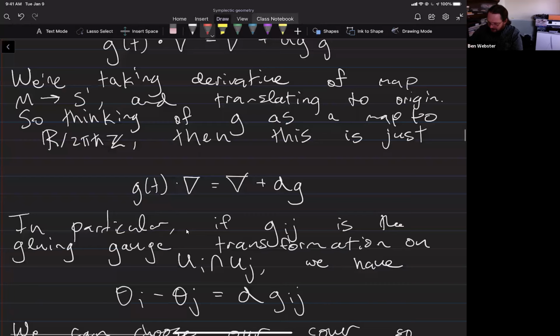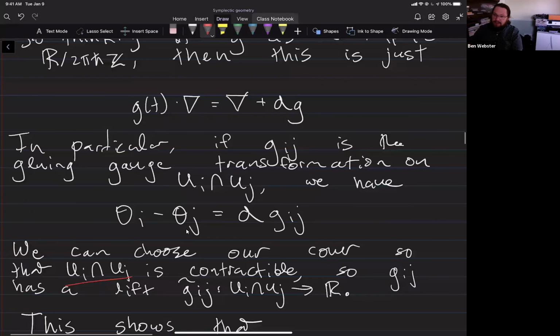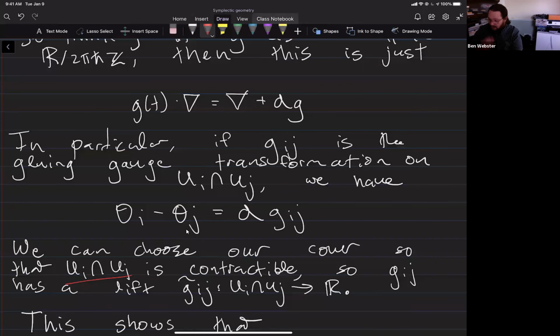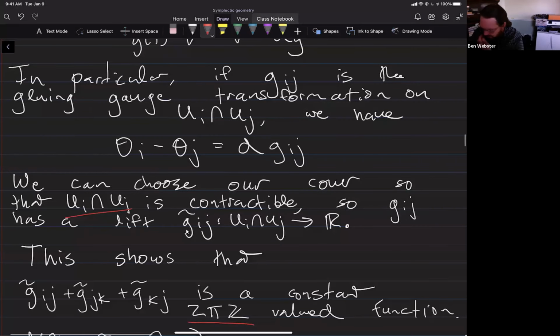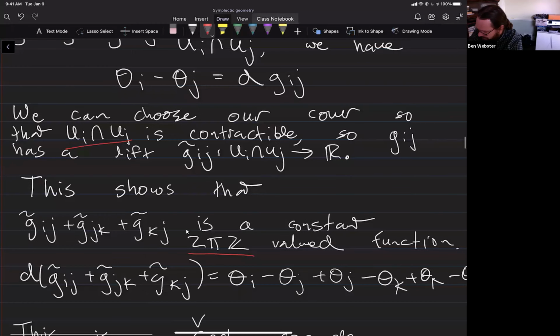You can then find a g that satisfies this equation. And that will give you a principal bundle that carries a connection whose curvature is a symplectic form.